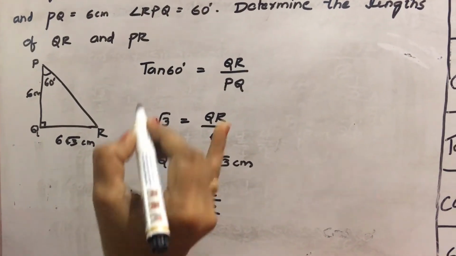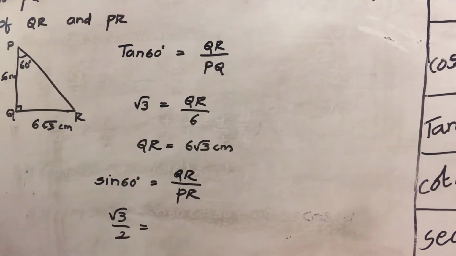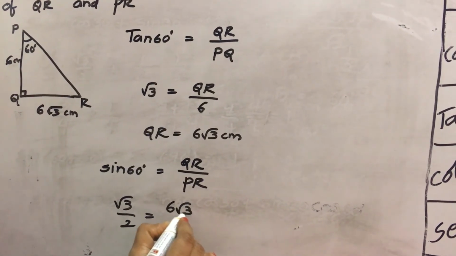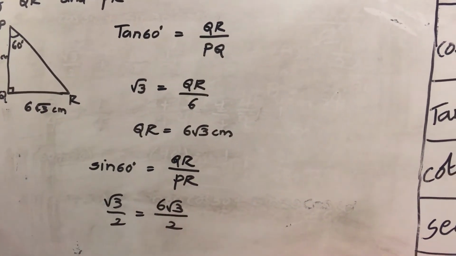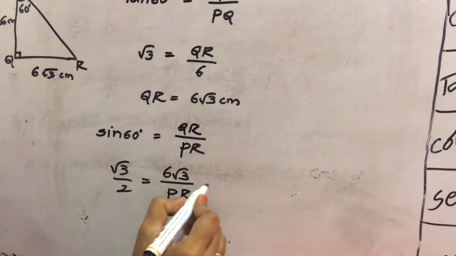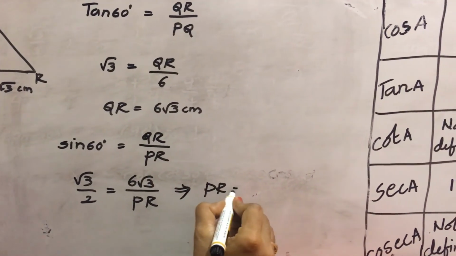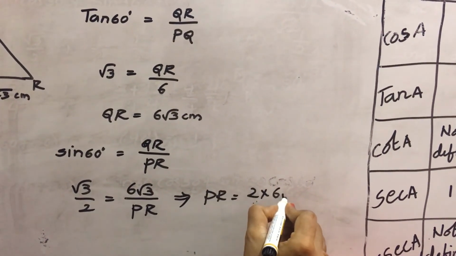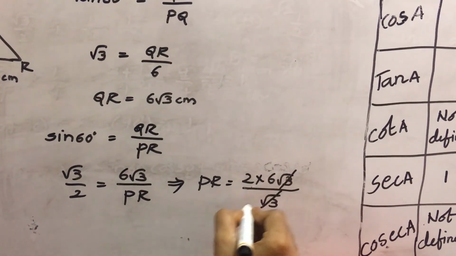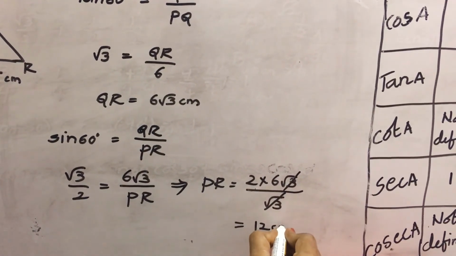Sin 60 degrees is, we know, root 3 by 2, which is equal to QR value we already found, that is 6 into root 3 by PR, implies PR is equal to 2 into 6 root 3 by root 3. Root 3 gets cancelled. 2 into 6 is equal to 12 centimeters.